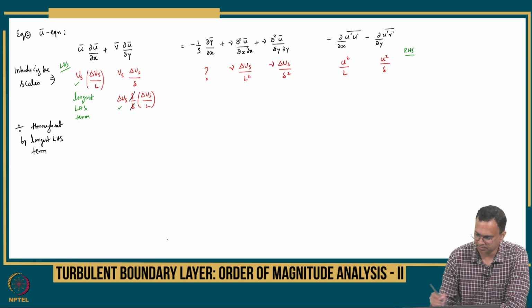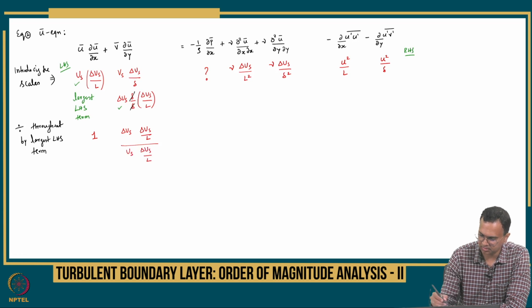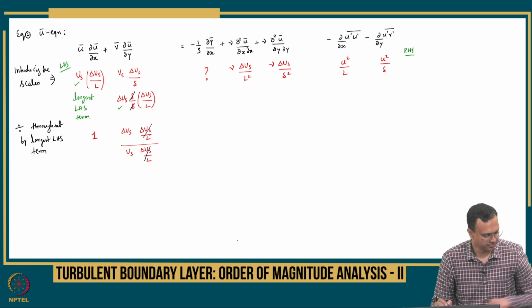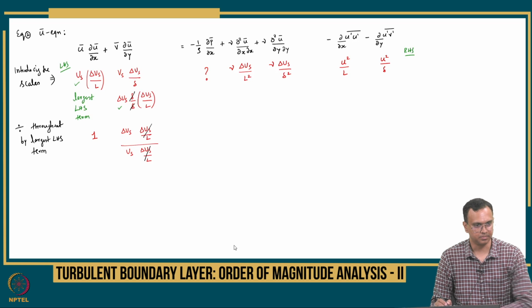So if I do this, this becomes 1. Okay, so if I divide, I get delta Us by L divided by Us delta Us by L. So obviously this is going out, giving me only the delta Us by Us term.